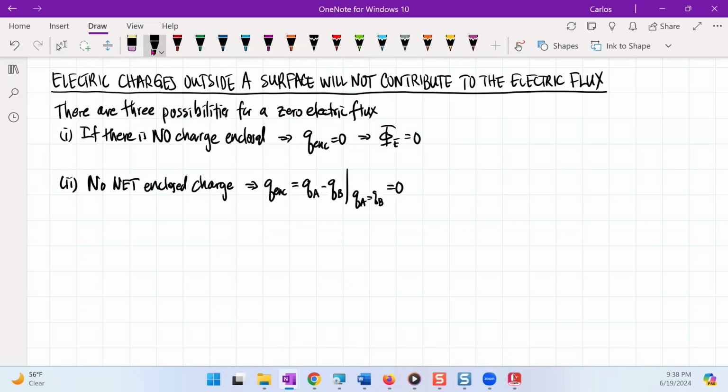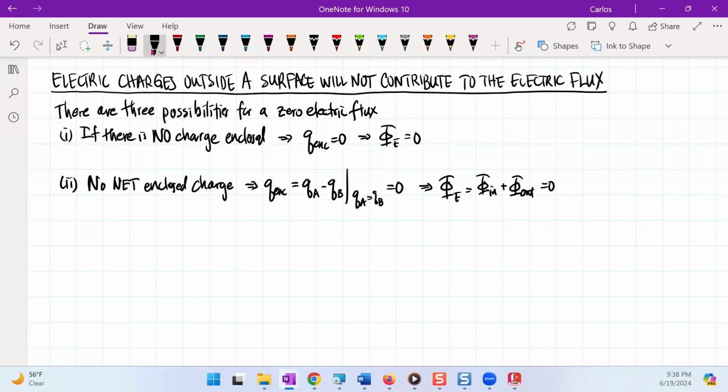And that would then give you 0. In this case, the flux coming in plus the flux going out, that combination would be 0.